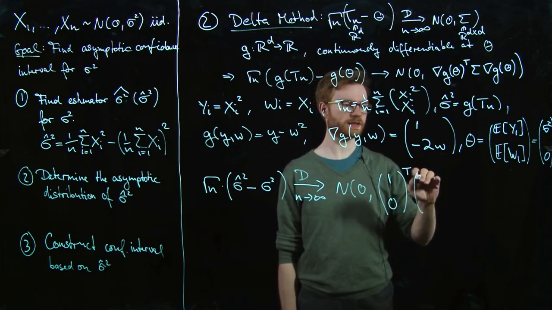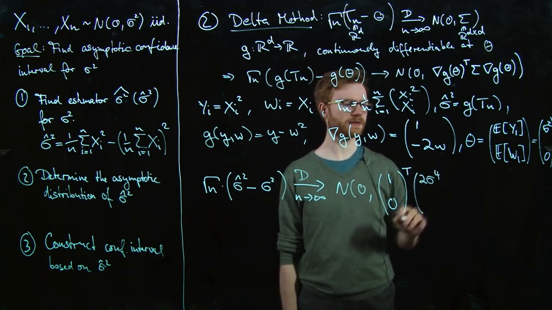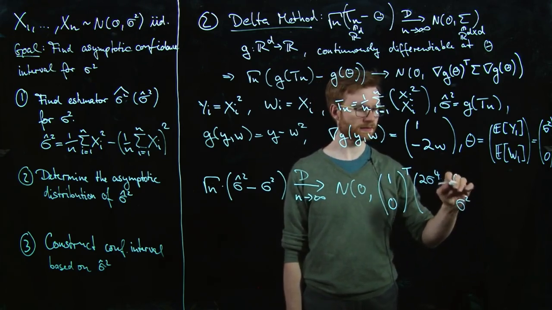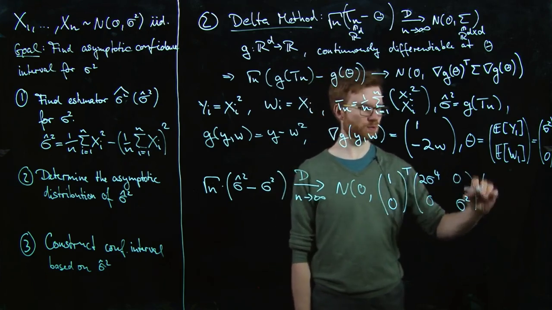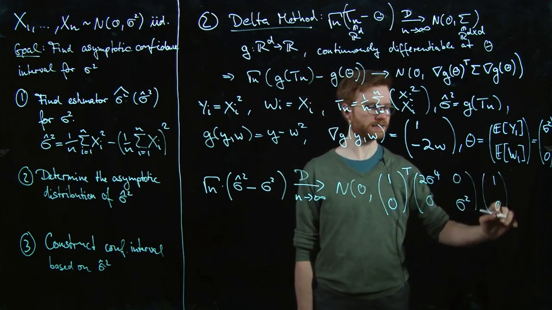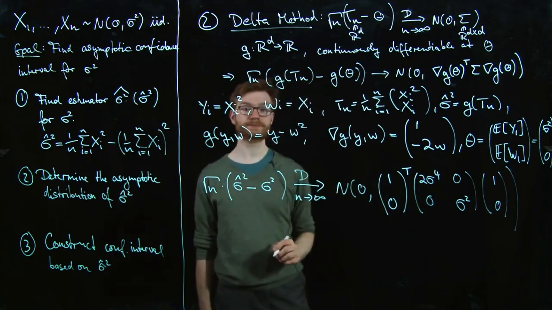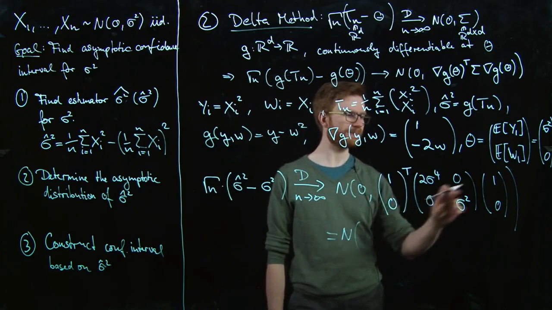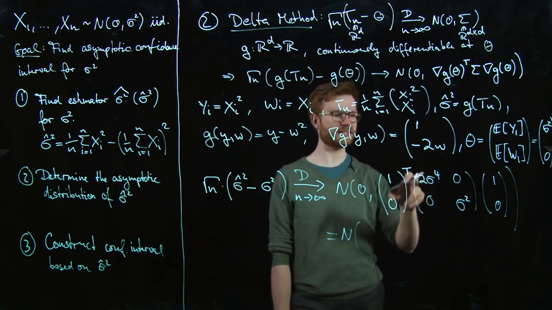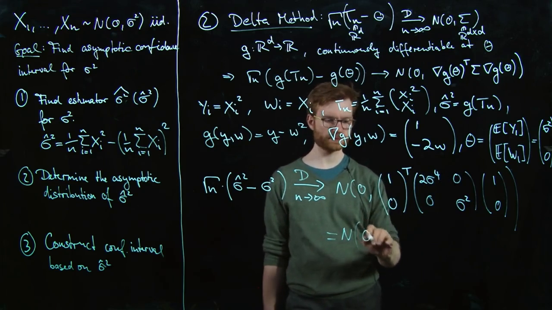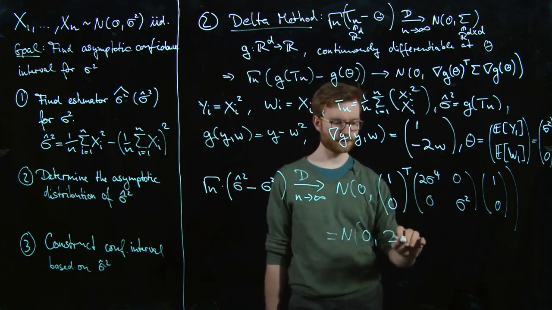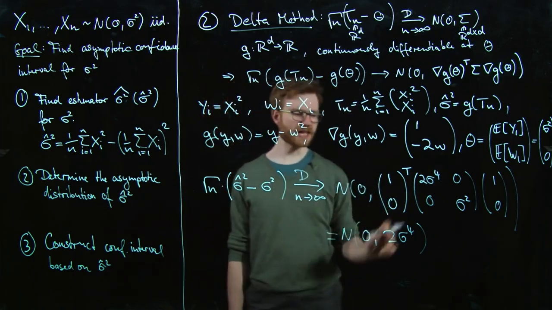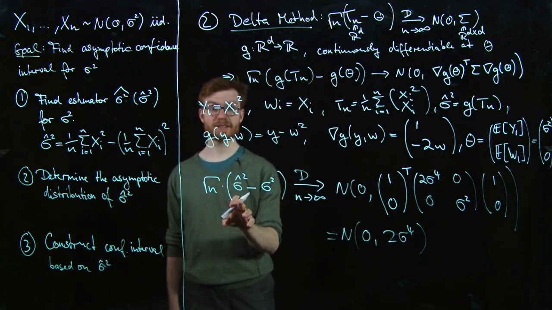We transpose it. We write down the covariance matrix we calculated previously. It looked like this. And we hit it with the same vector again. Great. So let's multiply this out. What's happening is that this vector just selects this entry of the matrix. So we end up with 2 times sigma to the 4 as the asymptotic variance of our estimator sigma hat squared.